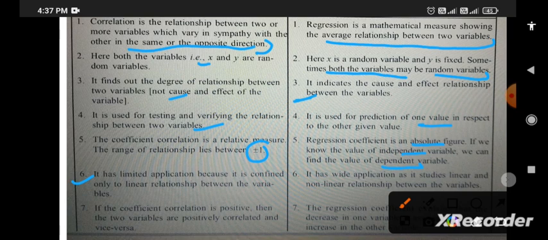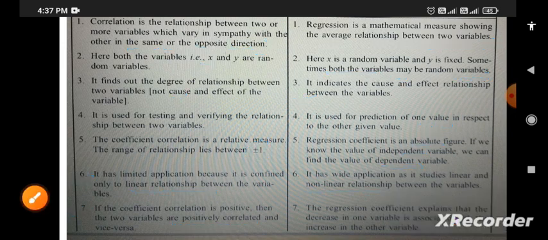The correlation has limited application because it is confined only to linear relationship between the variables, but the regression has wide applications as it studies linear and non-linear relationship between the variables. If the correlation coefficient is positive, then the two variables are positively correlated and vice versa.